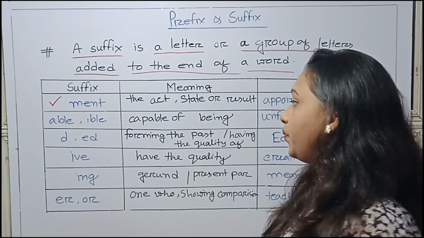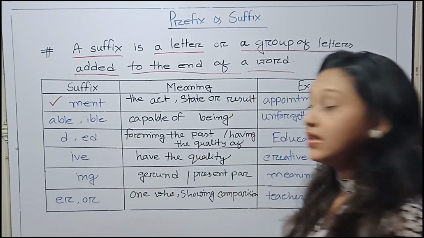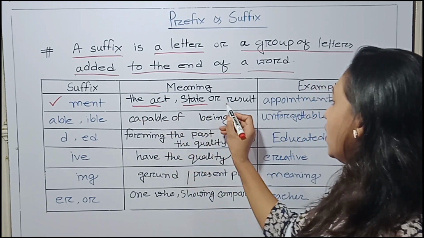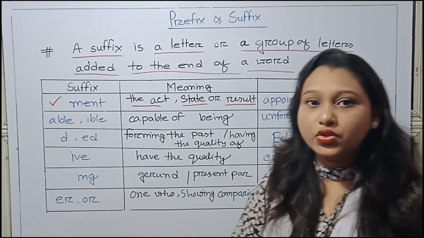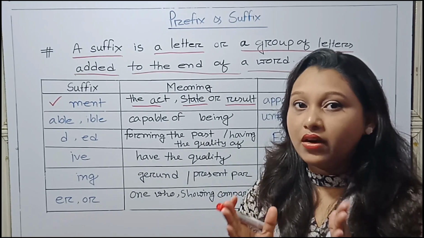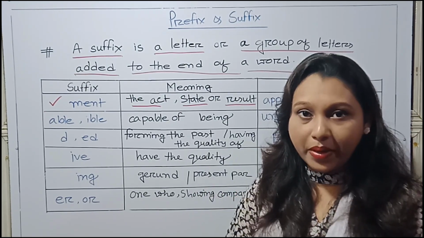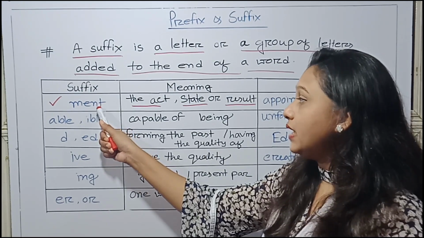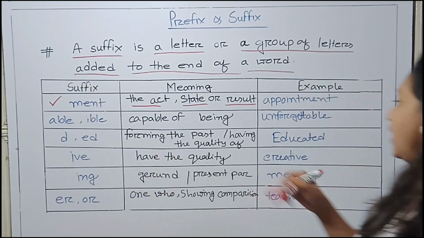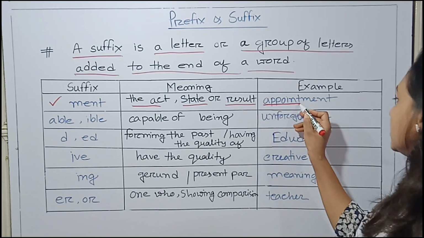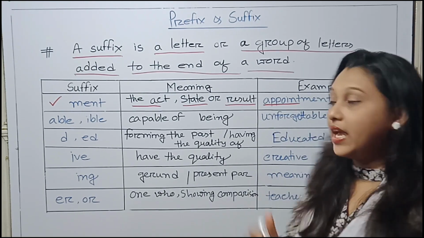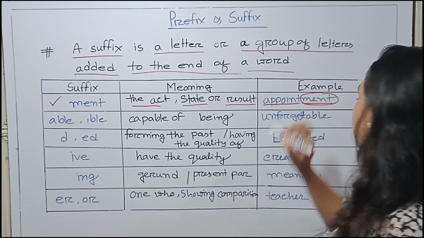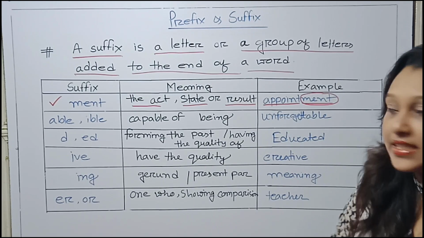So first one, ment. Ment means the act, state or result of any kind. So when you find a word in your question paper, that means a root word, you can use ment. Here you can see appoint was our root word and we use here ment. Appointment. Ment is here our suffix.